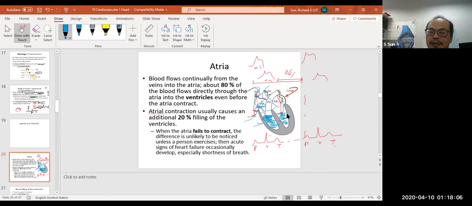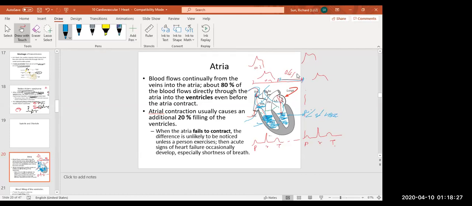So without any contraction, they will build up about 80% of the blood of the ventricle. So that's this time. So far, so good?